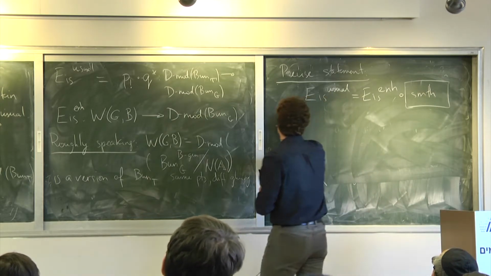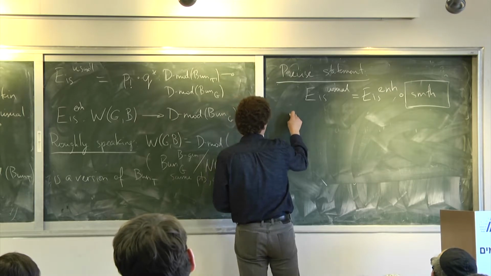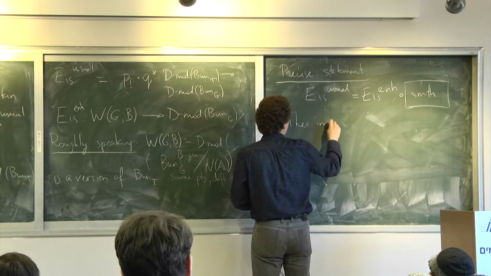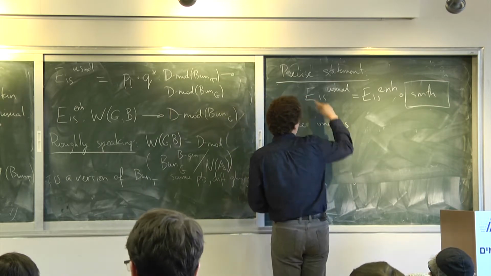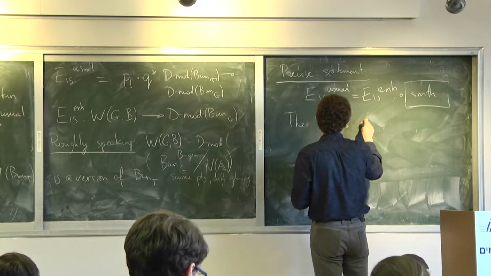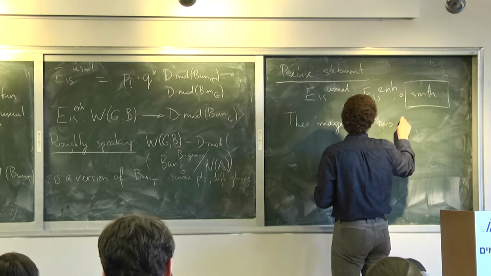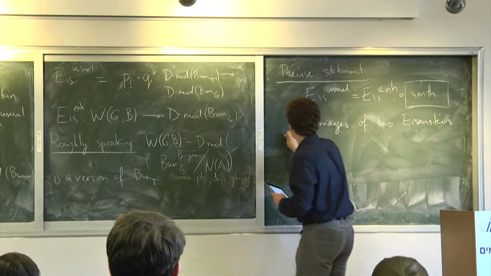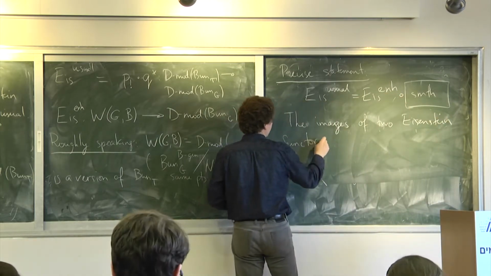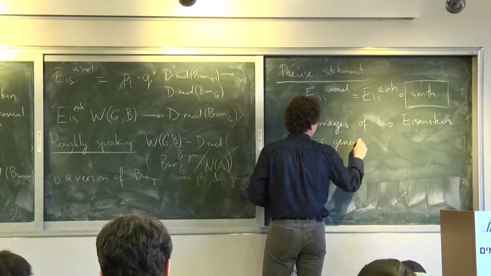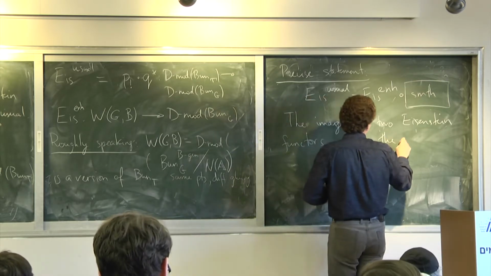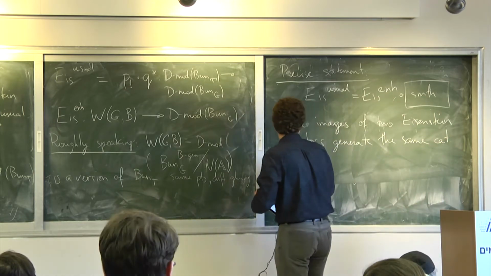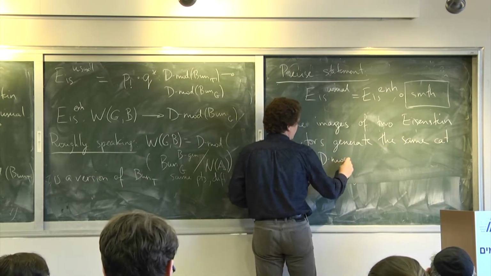Anyway, let me say that the images of the two Eisenstein functors generate the same category in D-modules on Bun_G.